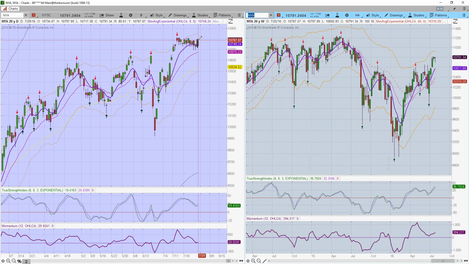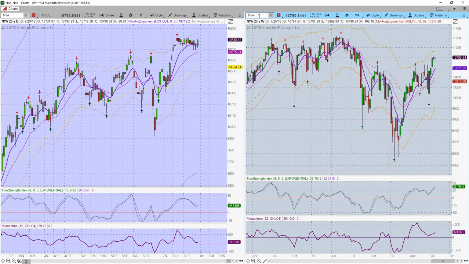It has made a little bit of a nice move today, but got back up into resistance and has not pushed through. Similar type thing going on here with the momentum and also on the weekly chart.